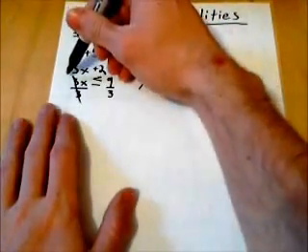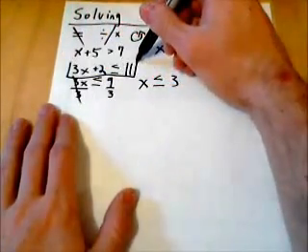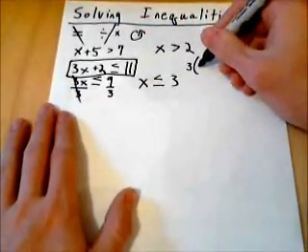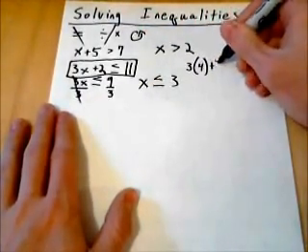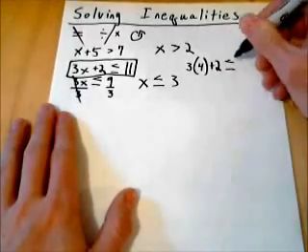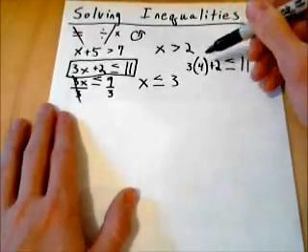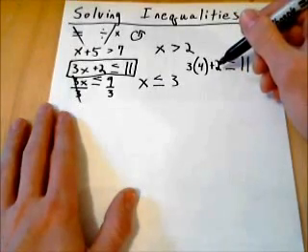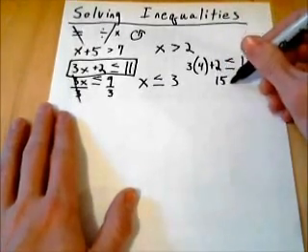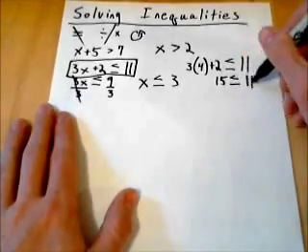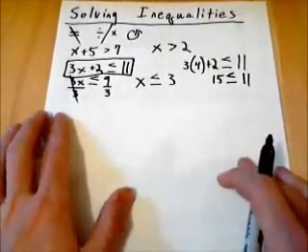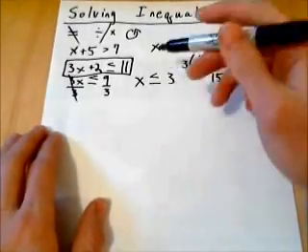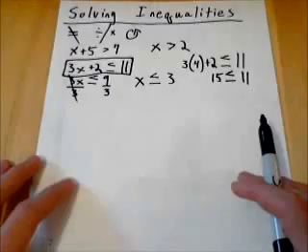So 3 times 4 plus 2 is equal to or less than 11. 3 times 4 is equal to 12. 12 plus 2 is equal to 14. And 14 is not equal to or less than 11. So there's an example of trying to plug in a number that does not fit the criteria we've solved for. That's just how inequalities work.